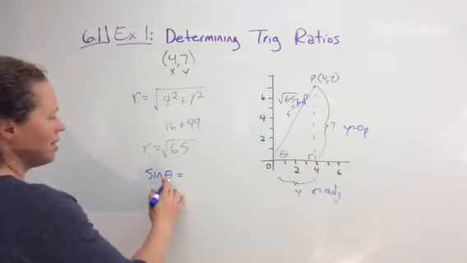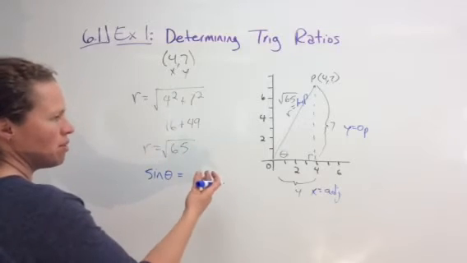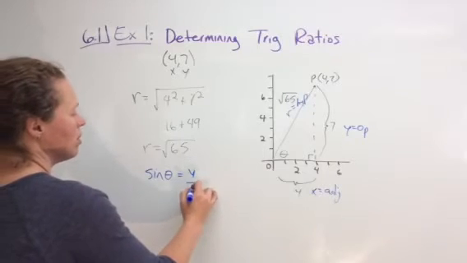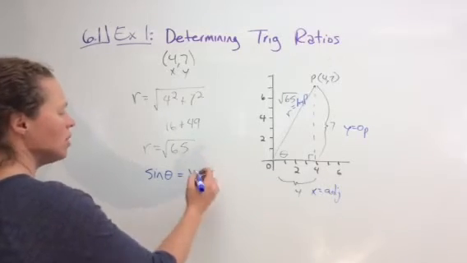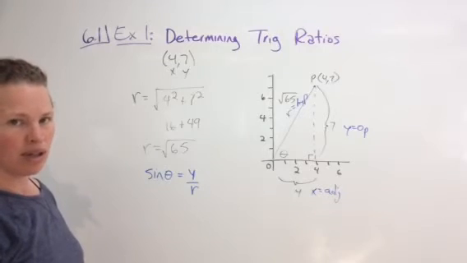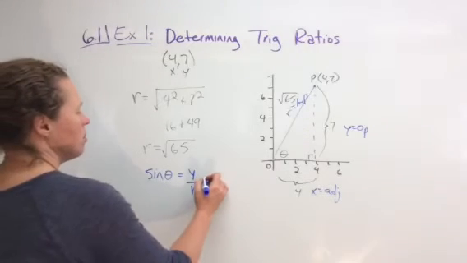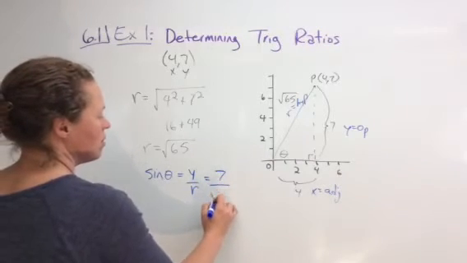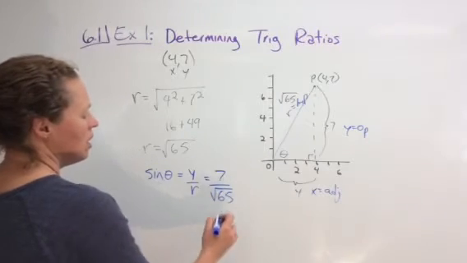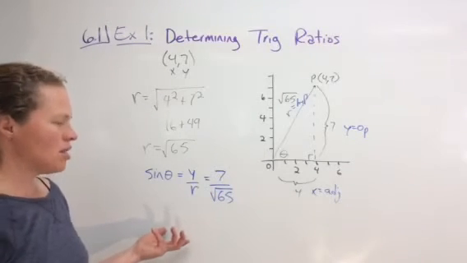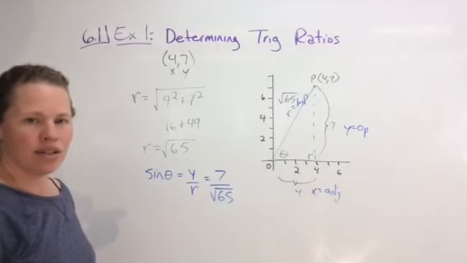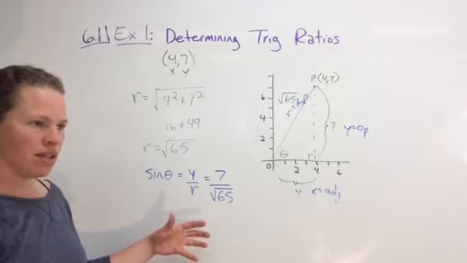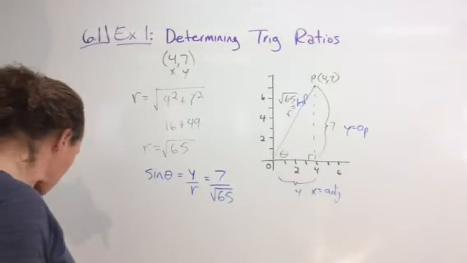So sine is always going to be opposite over hypotenuse, which is y over r. So we have a new way of saying sine now. We can say sine is y over r. And when we plug in our values here, that's going to be 7 over the square root of 65. Now you might be tempted to actually solve that, but the exact trigonometric ratio is that. If you try to solve it, you'll have to round off the decimal, and that's no longer exact.